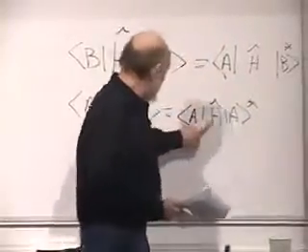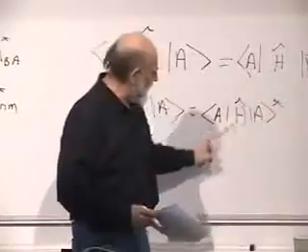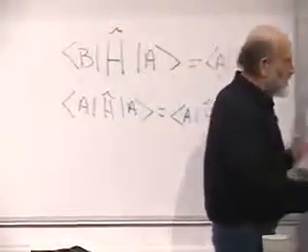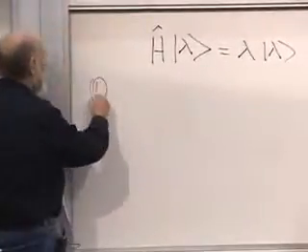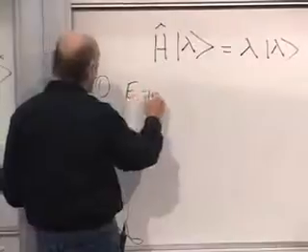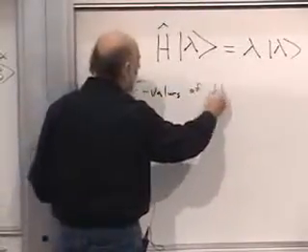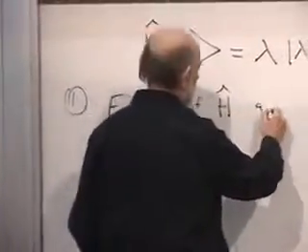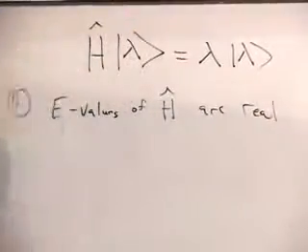Basically, this alone, that the matrix element of a Hermitian operator sandwiched between the same state is always real, is sufficient to prove it. I'll let you figure it out. So number 1, E values of Hermitian operators H are real numbers.